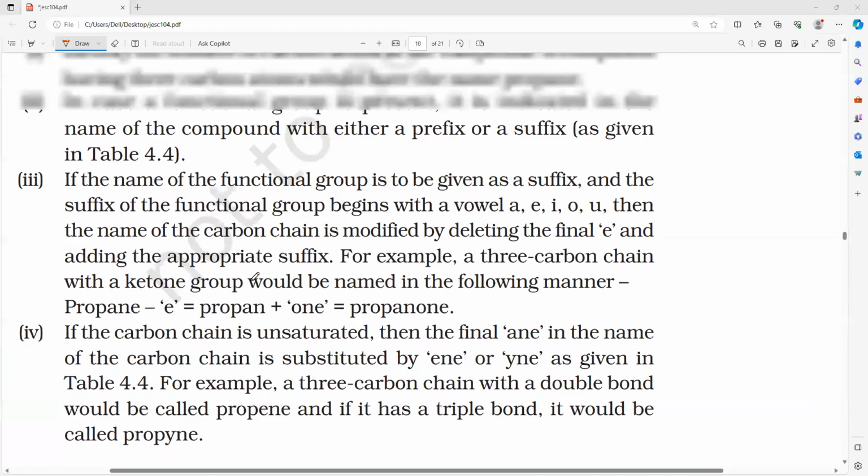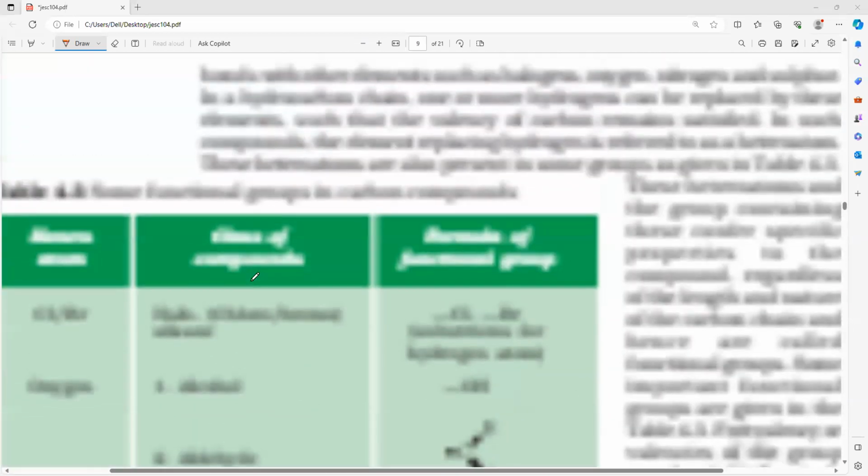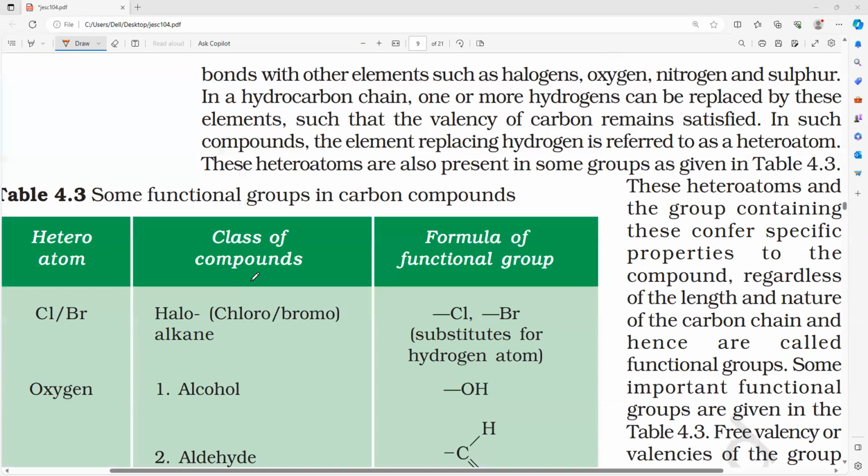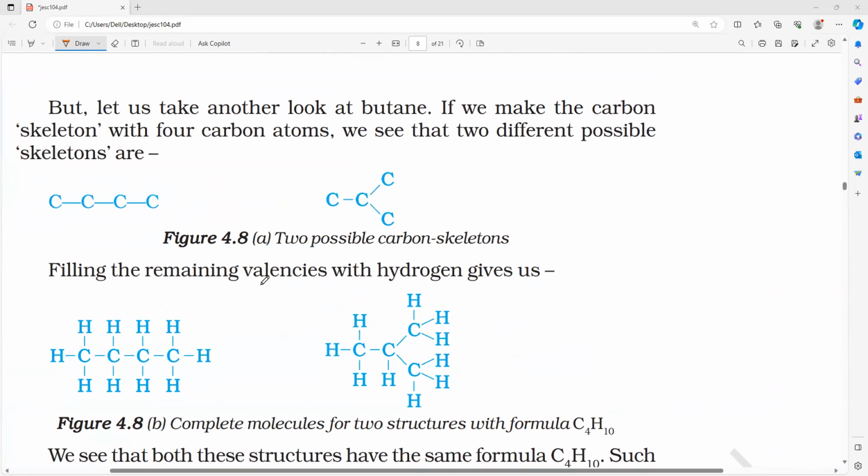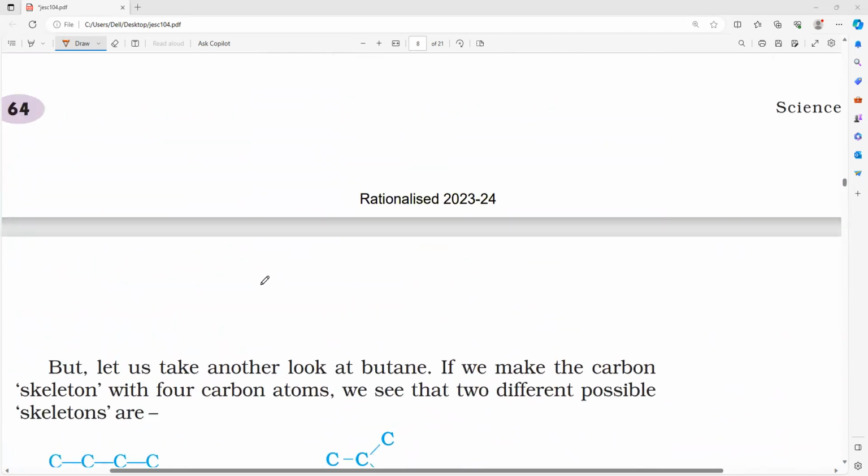Now there is a concept called the vital force theory, which I want to discuss now. If you all open it, then we'll go through that. The vital force theory is not a big theory.